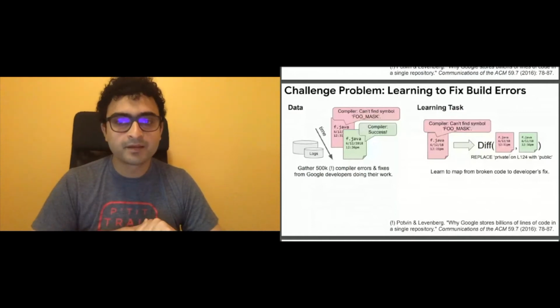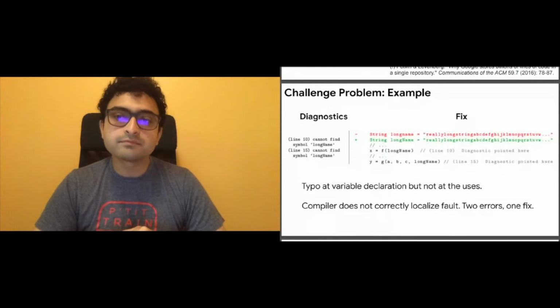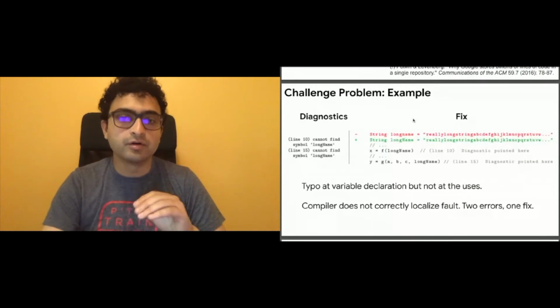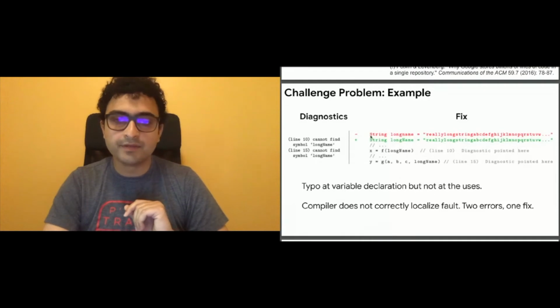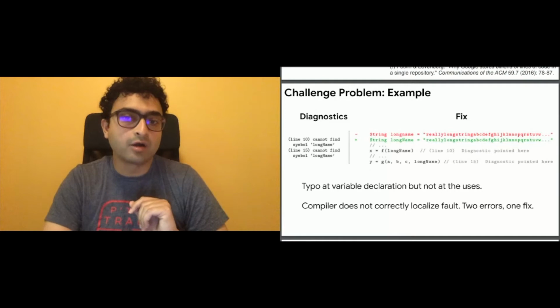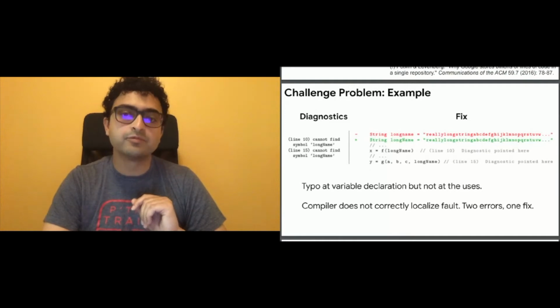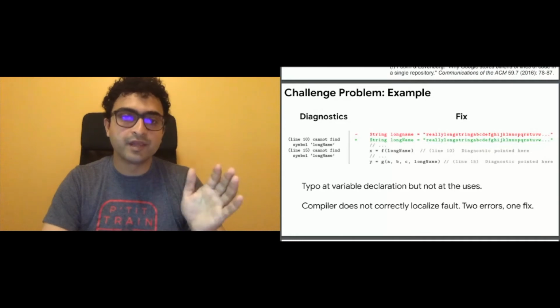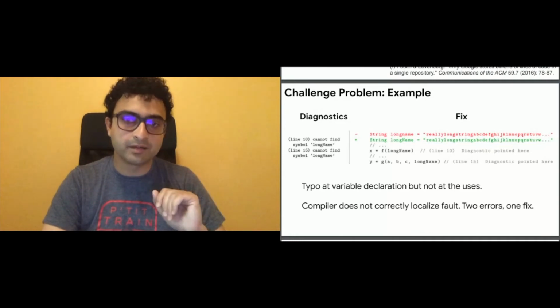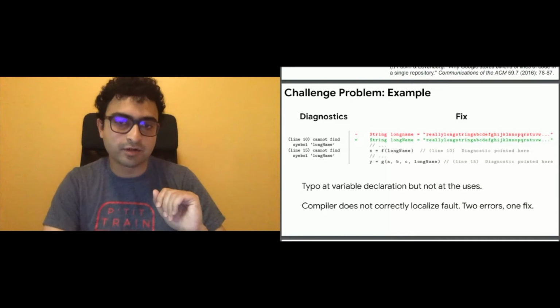So what I have here is a chunk of code, some code that has an error. And the line in red was what was wrong with the piece of code. And the line in green was what the change that was made to fix it, right? On the left is the diagnostics that the compiler gave, saying, here's what I think is wrong with your program.